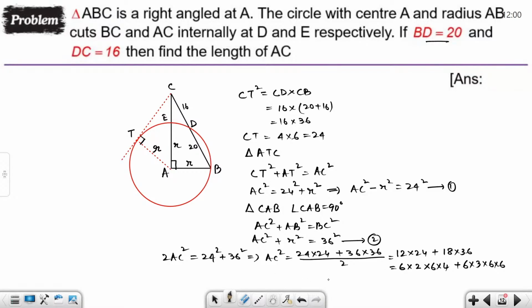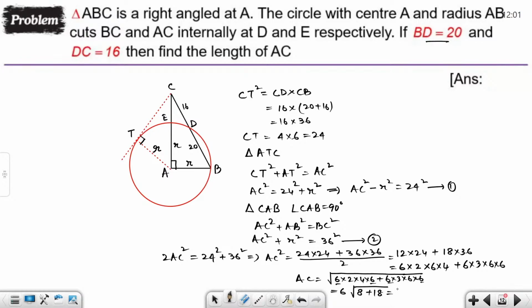So now your AC will be the root of this whole thing: 6 into 2 into 4 into 6 plus 6 into 3 into 6 into 6. So for these, one 6 will come out, root over 8 plus 18, right?